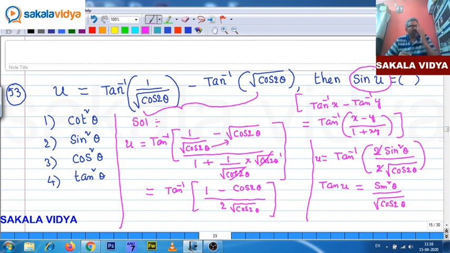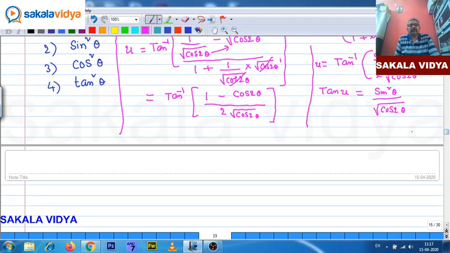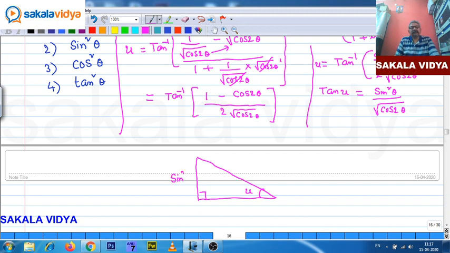Whenever the tangent of the angle is given, any trigonometric ratio can be evaluated. So let us find sin u by taking a triangle. Say this is angle u, tan u has the opposite side sin square theta and the adjacent side root of cos 2 theta.